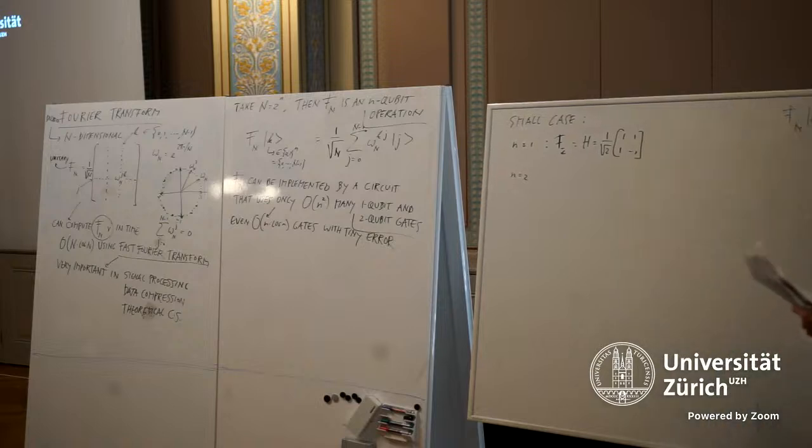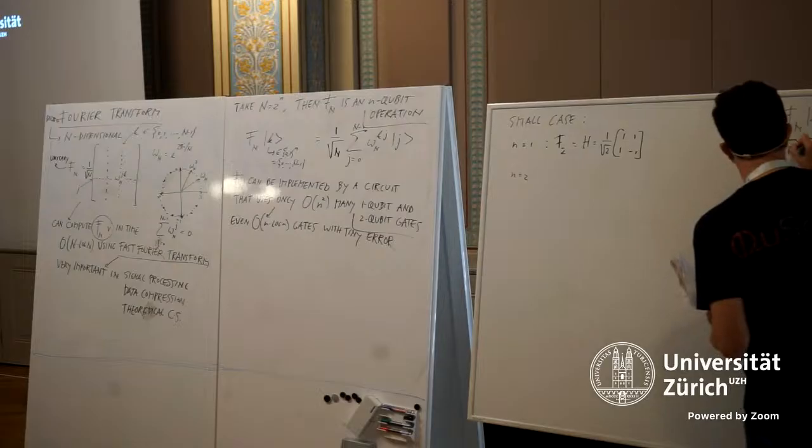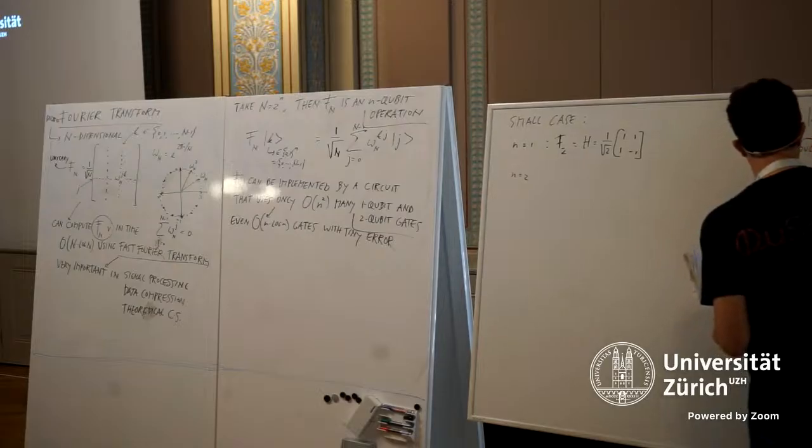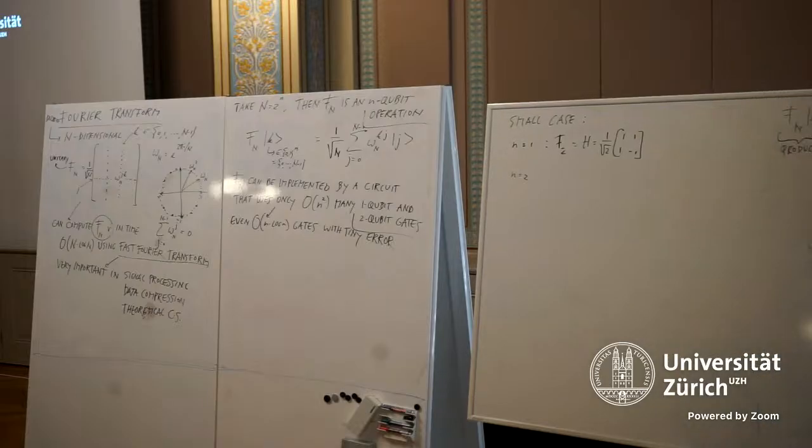So if you apply the Fourier transform to a basis state ket k, I claim that this is a product state, and I'll write down that product state for you. This is the following product state: 1 over root 2, ket 0 plus e to the 2 pi i, and so on.